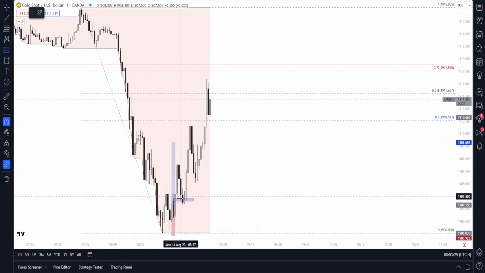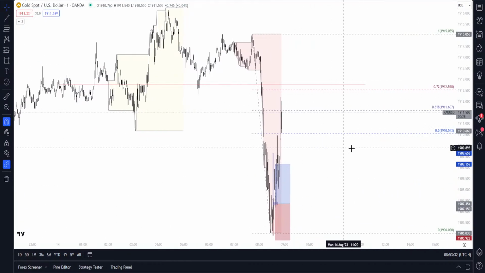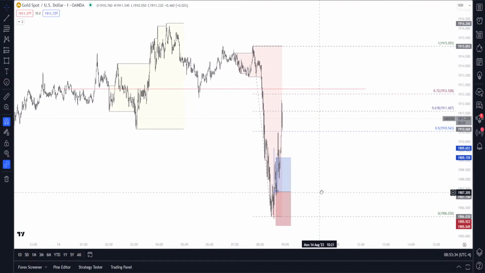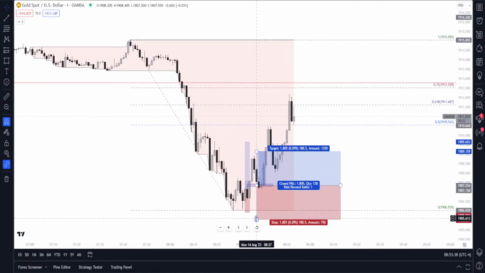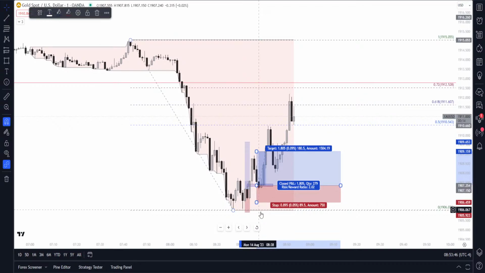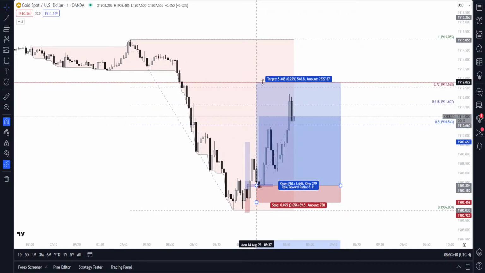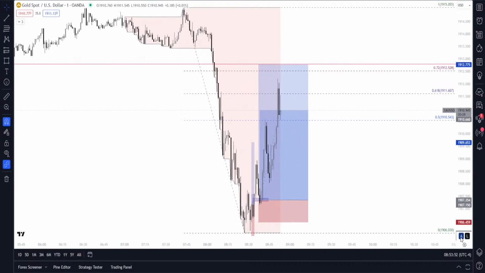If you entered this trade right here, or 50% of the imbalance right here, and 2 pips would be, so it's 8.99. Okay, take profit is up here. It's a 6-hour trade on gold drilling.